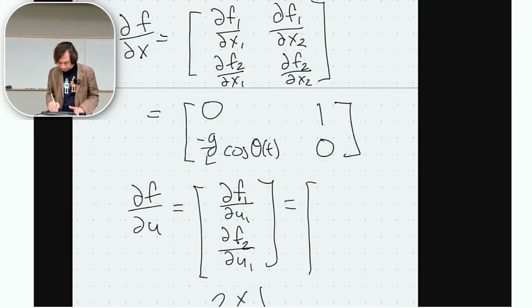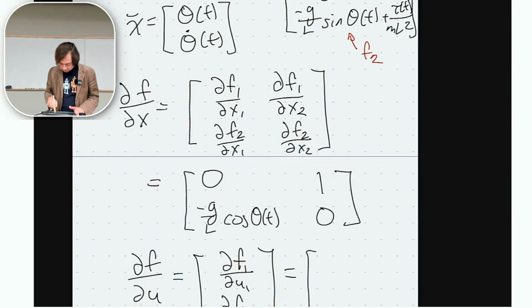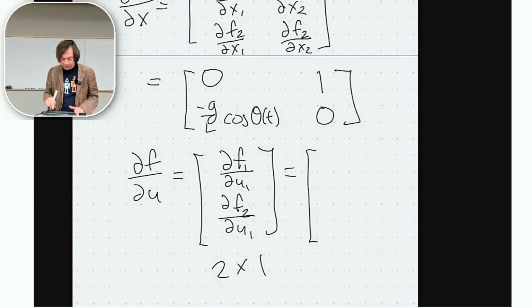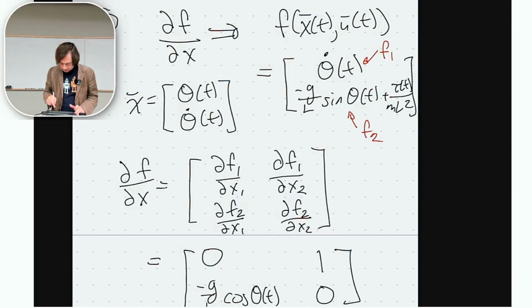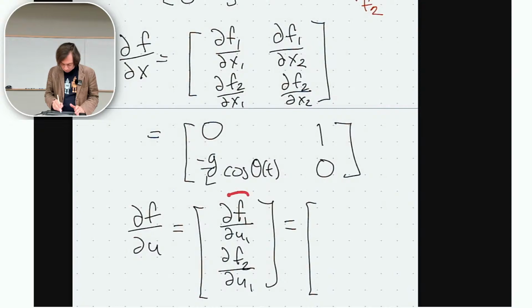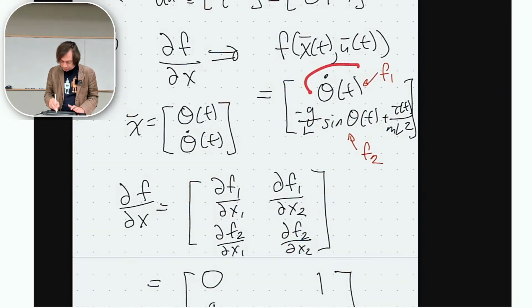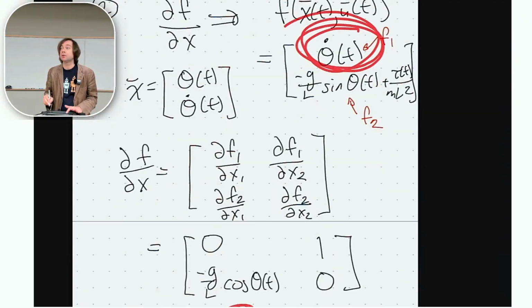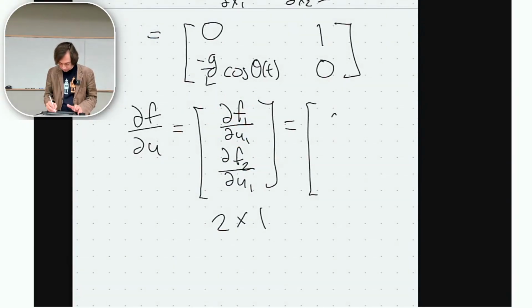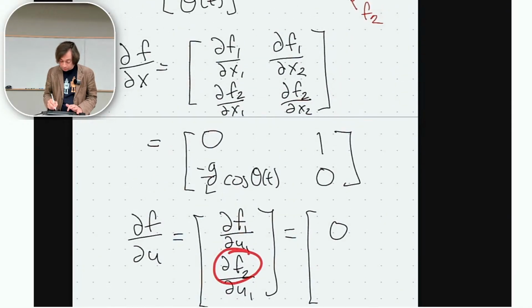We can write this out pretty simply. Partial f1, partial u1, where u1 is our torque. I don't see any torques in f1, so that's 0. Now, partial f2, partial u1, where u1 is our torque.